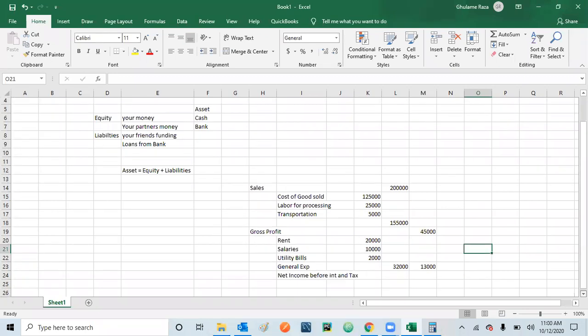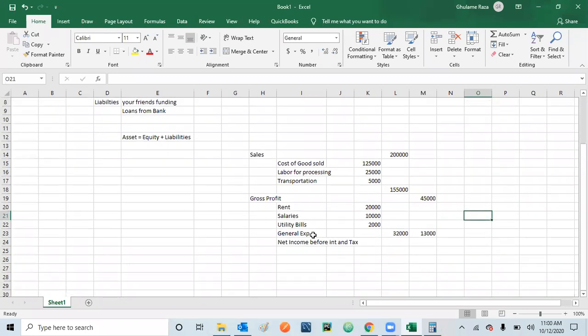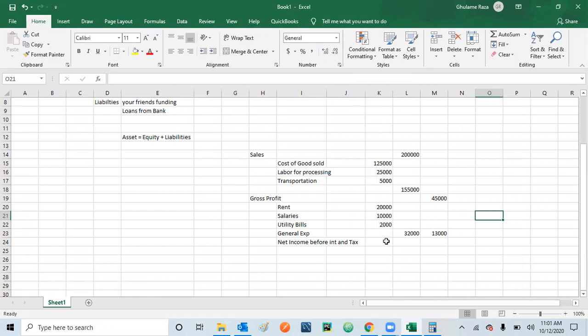So let's say on this income, I have to pay 1,300 as tax. Let me make it bigger. So let's say I pay interest.